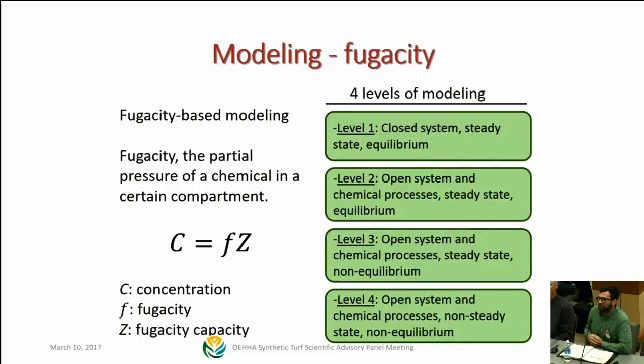You have an open system where the chemical can flow in and out, but it's still steady state and equilibrium. Level 3, increasing complexity. It's an open system where you have chemical processes such as advection, reaction. It's a steady state, but the system now is not at equilibrium. And level 4, we add another dimension to the system, usually time, and that makes the system not steady state, non-equilibrium.